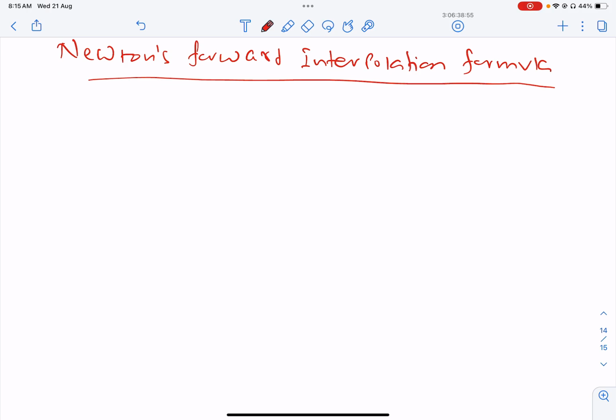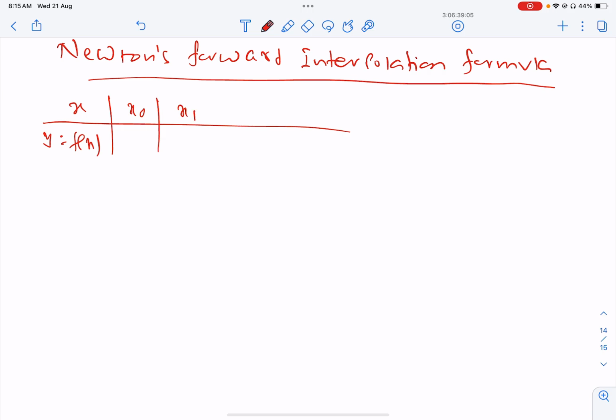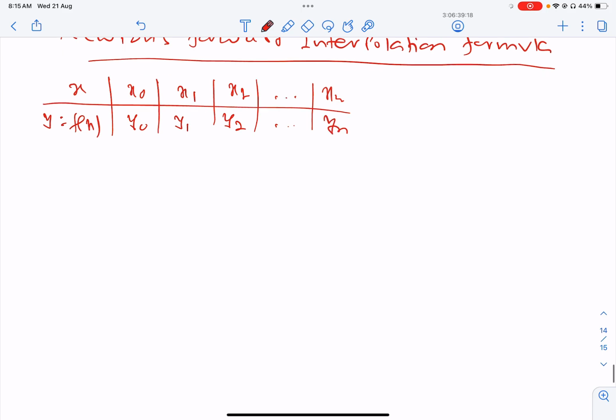You are given values of x and f(x). So you are given x0, x1, x2 and so on, xn. This is y0, y1, y2 and so on, yn.